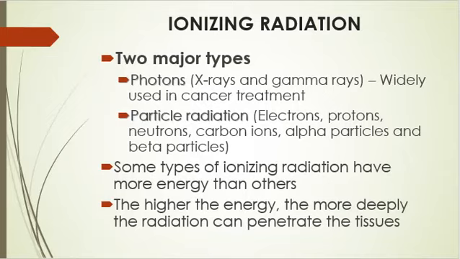Some types of ionizing radiation have more energy than others. The higher the energy, the more deeply the radiation can penetrate the tissue. And the way a certain type of radiation behaves is important in planning the radiation treatment.